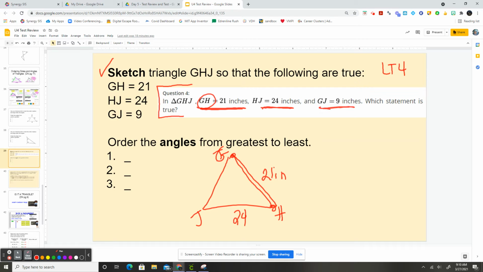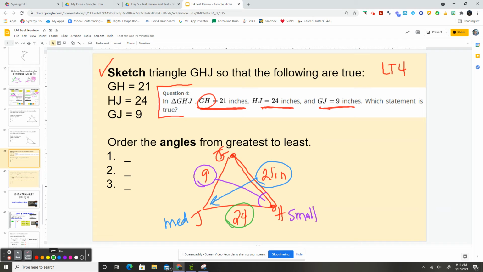And then GJ is 9 inches, the distance between G and J, right? If this number is the smallest side, then H is the smallest angle. If 21 is the medium side, then J is the medium angle.